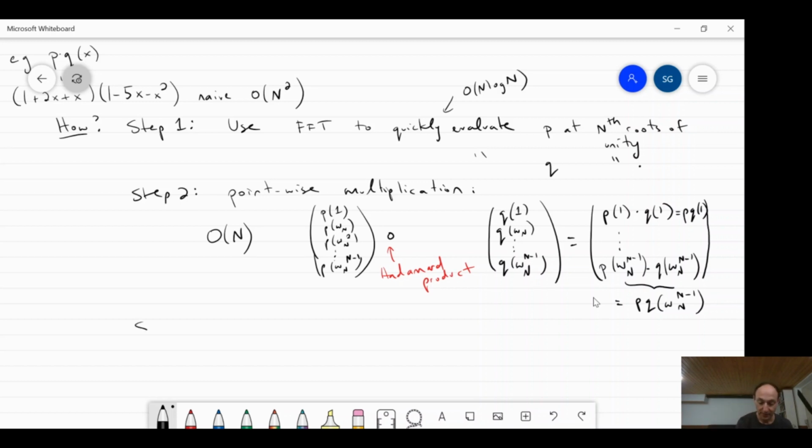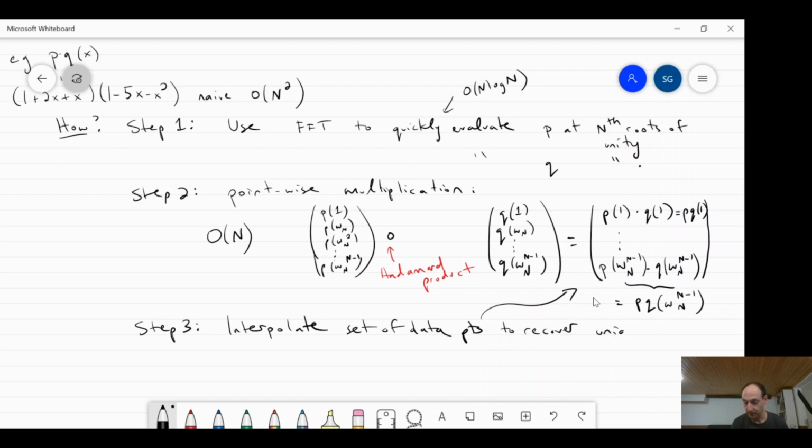Okay? And the way you interpolate the set of data points, these guys, to recover the unique polynomial p times q, which of course takes in a parameter x.